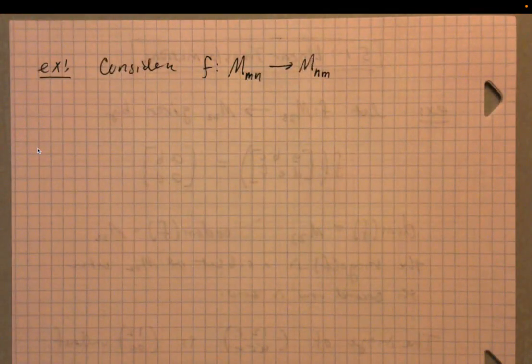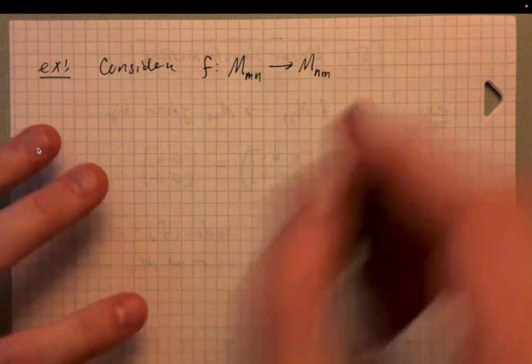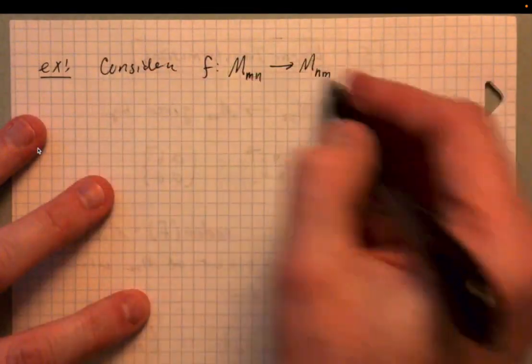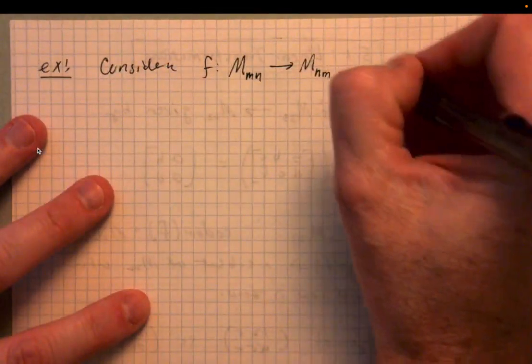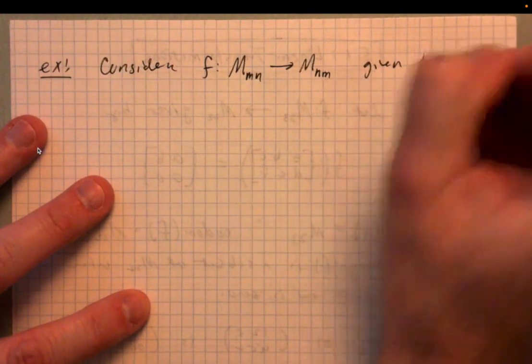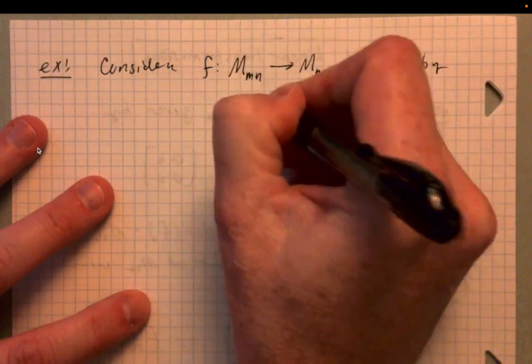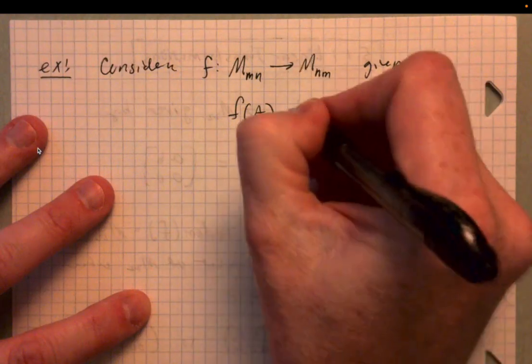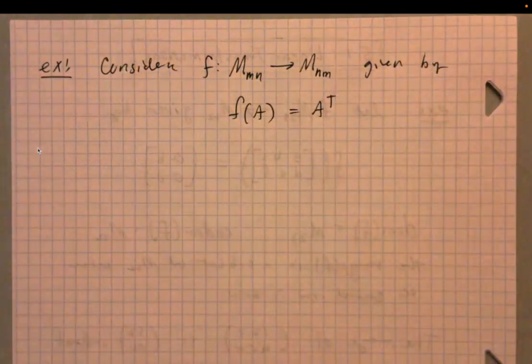The domain is the set of all m by n matrices, and the codomain is the set of all n by m matrices. We let F be the mapping given by F of a matrix A equals the transpose of A.